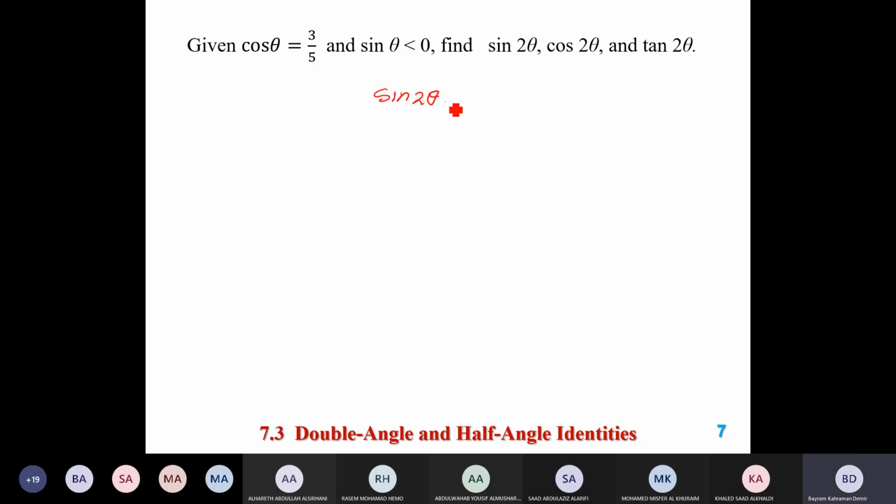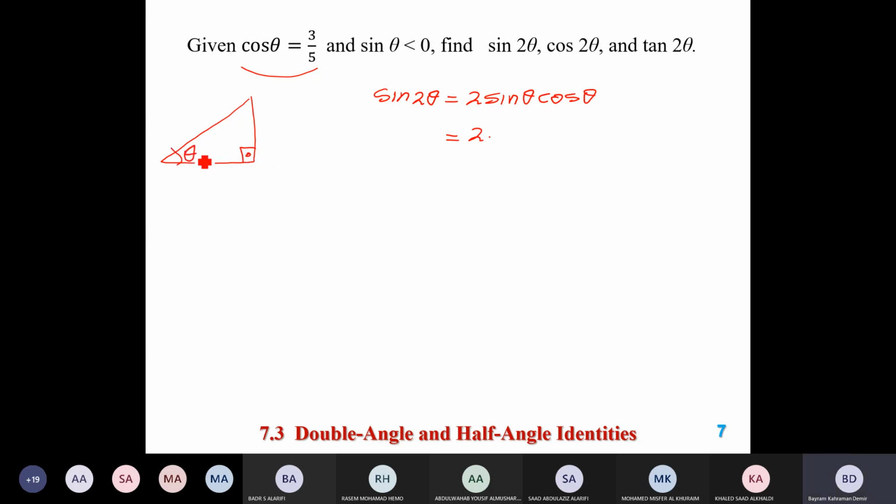Sine of 2 theta is equal to 2 sine theta cosine theta, which is equal to 2 times sine theta. Well, do I know sine theta? Yes, since we know the cosine theta, right? As you remember, our classic easy technique by triangle, right?